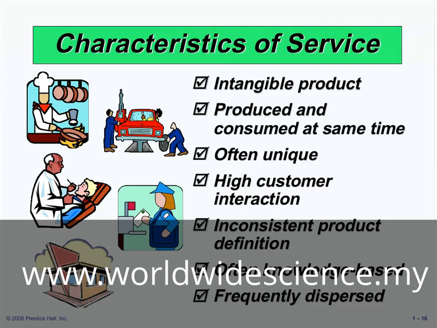And frequently dispersed means that the service company has a lot of branches around the country. For example, the bank. You can find a bank everywhere in your country. When you travel to another city, you can find banks. This is dispersed.